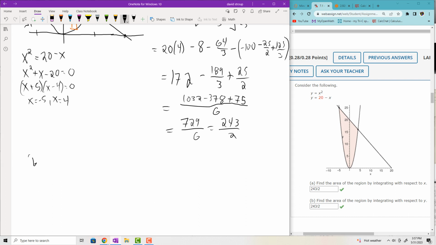Part B is a little nastier because of the orientation. The top and the bottom curves change as you move up the flagpole collecting your rectangles. Okay, so here's the picture again.